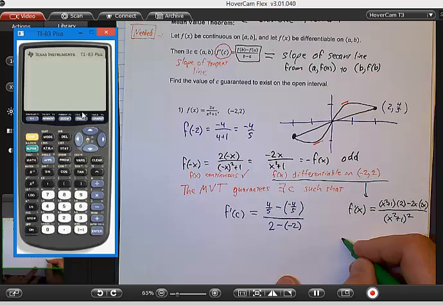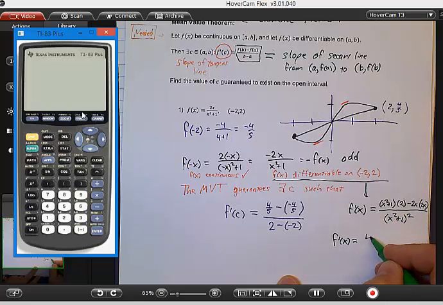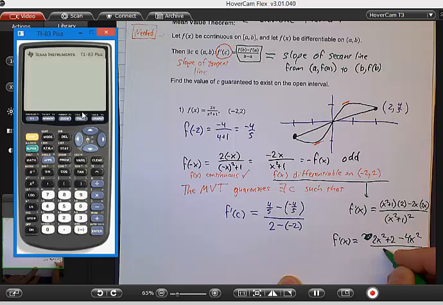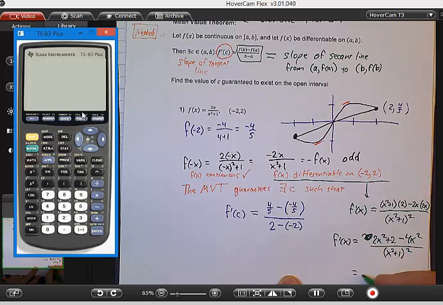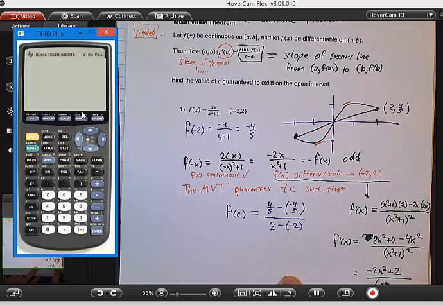So I'm getting that f prime of x is equal to 2x squared plus 2 minus 4x squared over x squared plus 1 squared. So that's negative 2x squared plus 2 over x squared plus 1 squared.